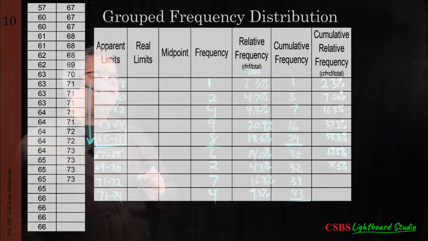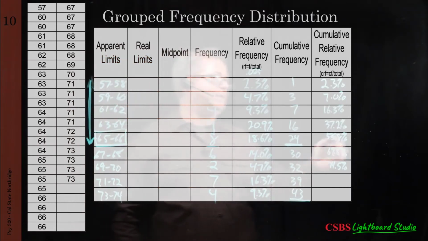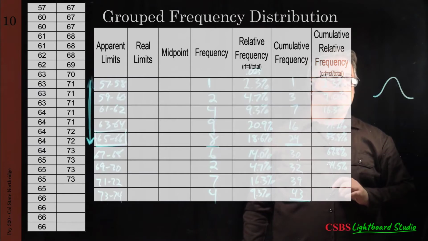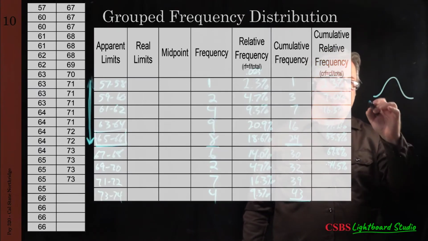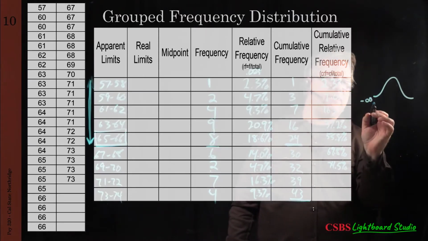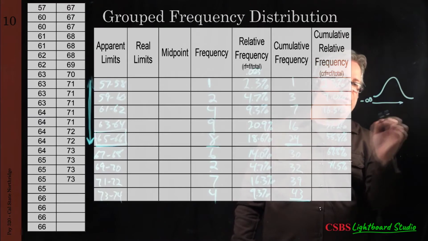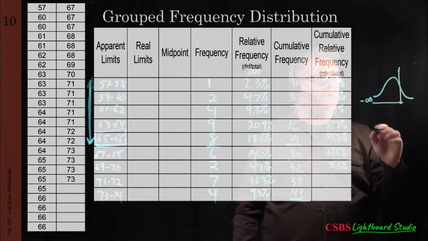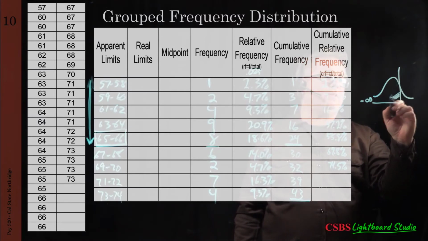When you're talking about cumulative in a technical sense, if you look at a distribution like this, the cumulative percentage of this is, if this is negative infinity on this end, it's talking about everything from this side going forward. So if I'm looking at a number here, the cumulative percentage is everything to the left.